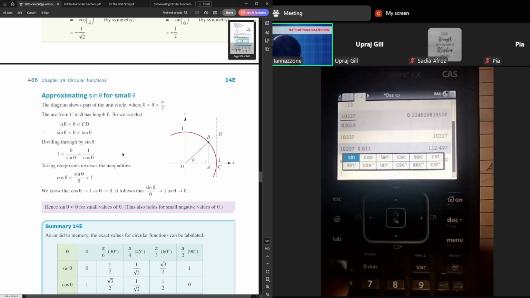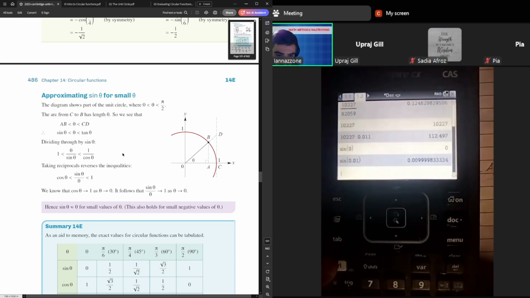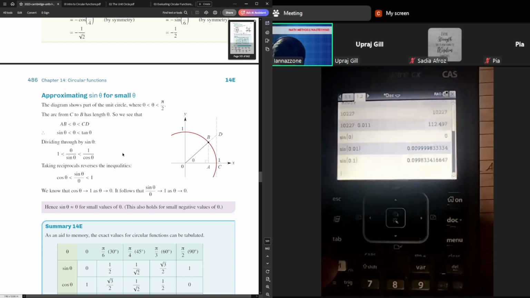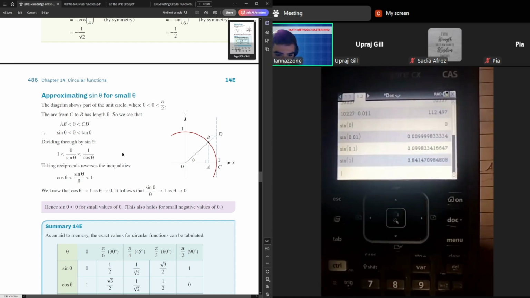If I go a little bit bigger, sine of 0.01, I get approximately 0.01. If I did sine of 0.1, it's still there to two decimal places, but it's getting a bit further. Then if I do sine of 1, it starts to get further and further away from being accurate.